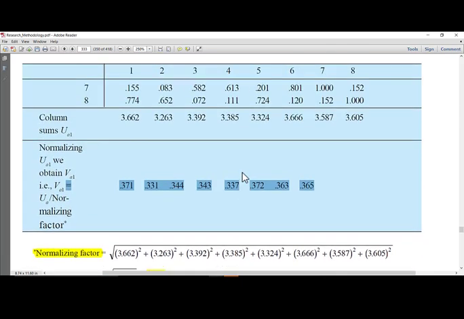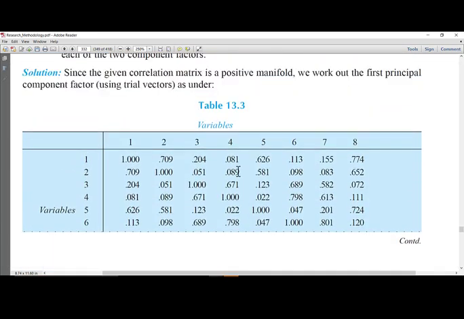That means we take our correlation matrix, that is here.